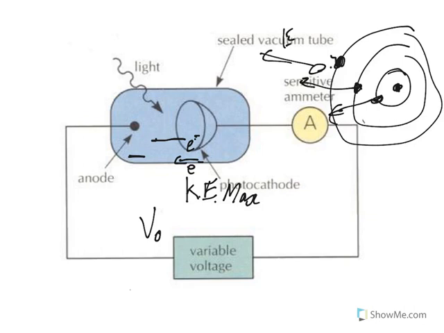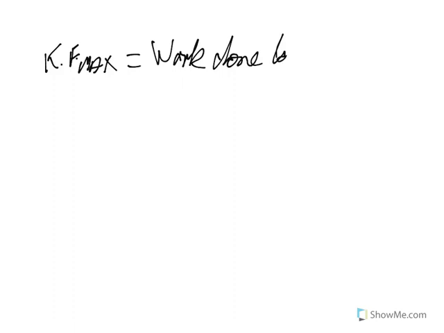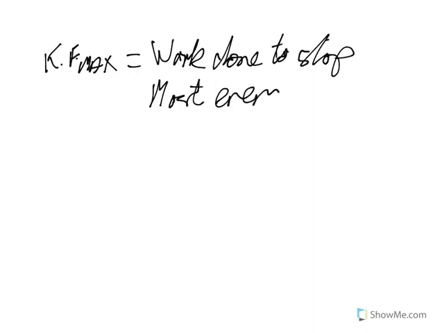Okay, so what can we determine from that, and this is about halfway down page 3 here, is that the kinetic energy max is equal to the work done to stop the most energetic electrons.